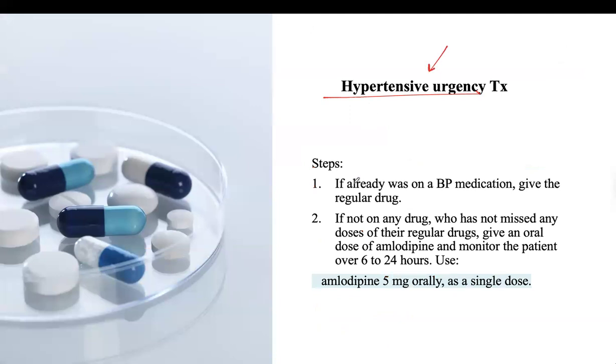So in hypertensive urgency, if it is an emergency department setting, first thing is, if the patient already was on a blood pressure medication, give that medication if they haven't taken it.